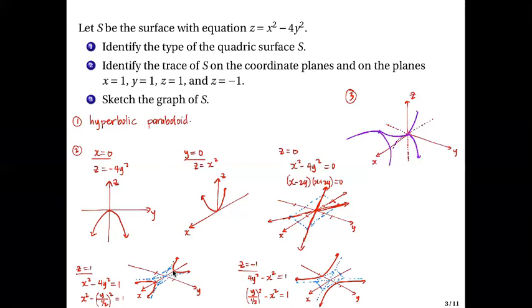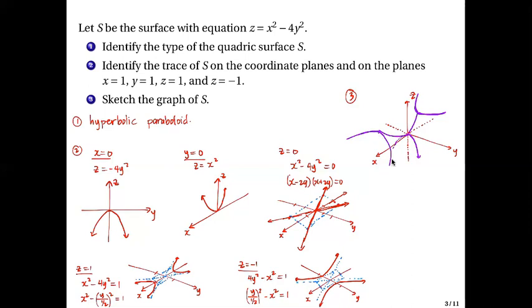And then the other branch of the hyperbola, we have something like that here and this here. Correct? So these hyperbola branches are all on z equals 1.